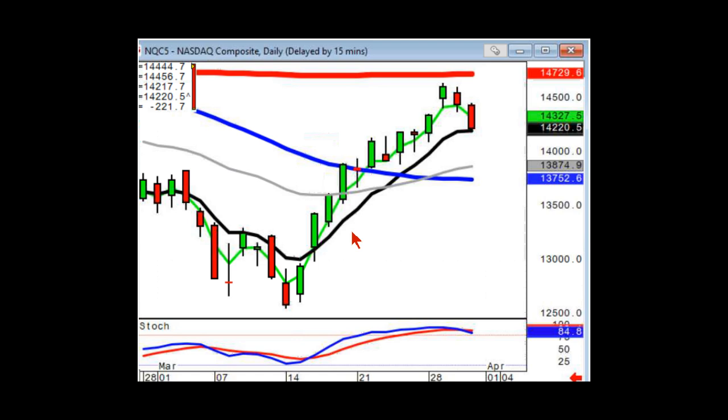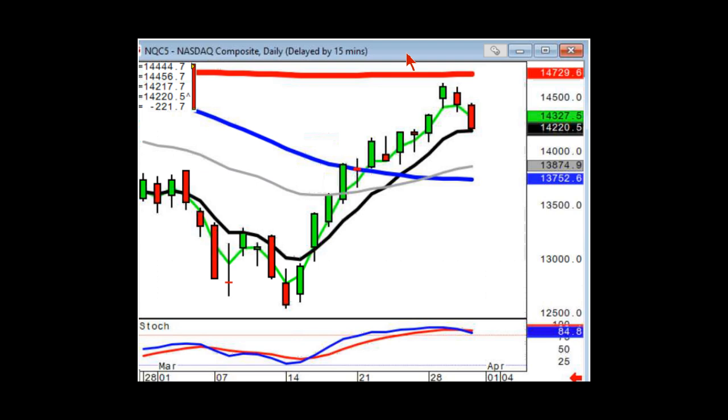So here's a very easy rule to remember. If you've gapped up in the overbought area, it shouldn't be closing back below the previous day's open. That's a strong sell signal.